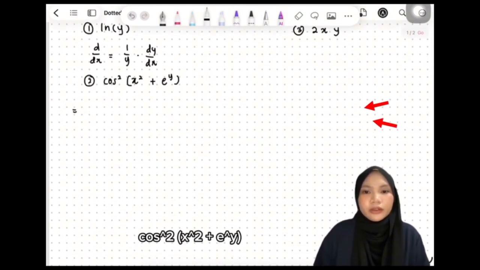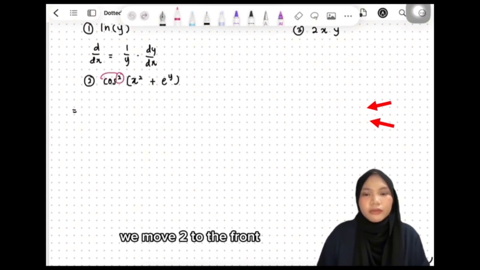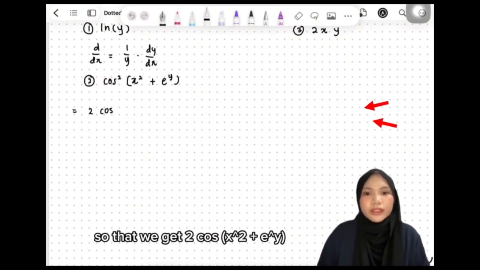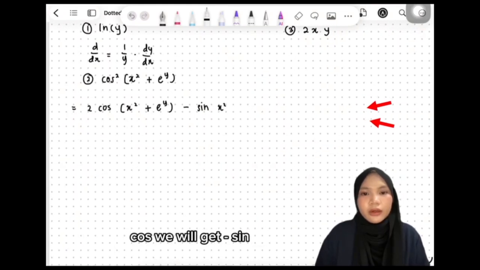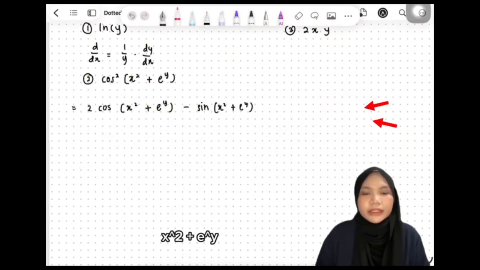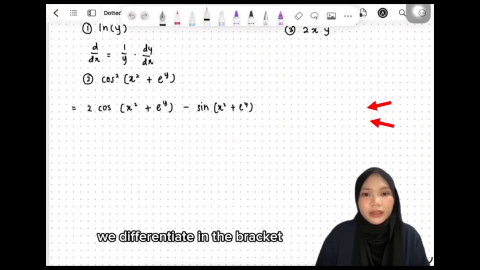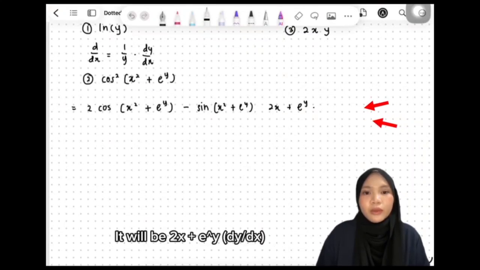For the second one, we move 2 to the front so that we get 2 cos(x squared plus e to the power of y). Then we differentiate cos, we get negative sine(x squared plus e to the power of y). After that, we differentiate the bracket, it will be 2x plus e to the power of y times dy over dx.